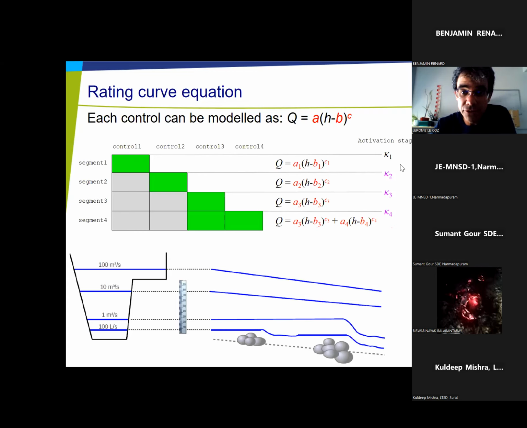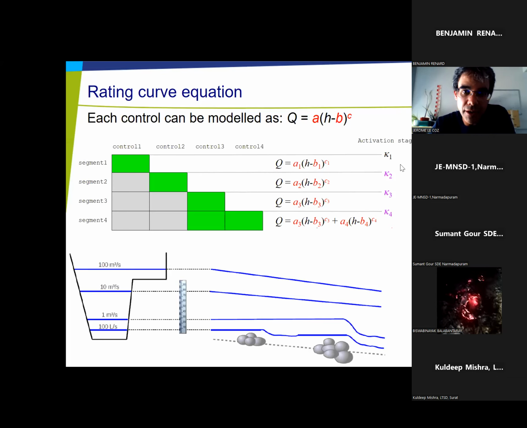For instance, for the first control, the activation stage K1 or kappa 1 is equal to B1, because as soon as there is a water level above B1, the control is active. But when we replace a control by another one, like control 2 or control 3, replacing control 1 or control 2, respectively, then kappa is not necessarily equal to B.